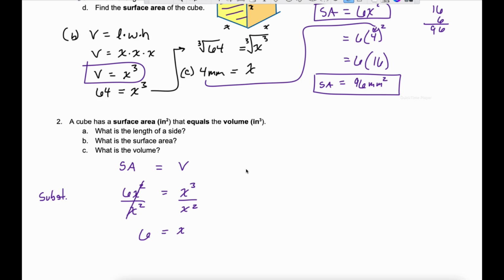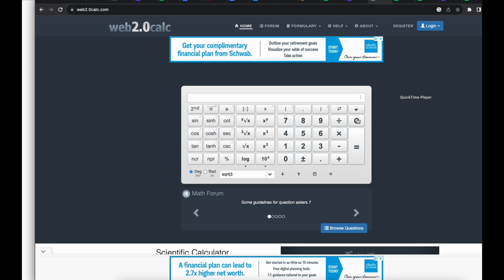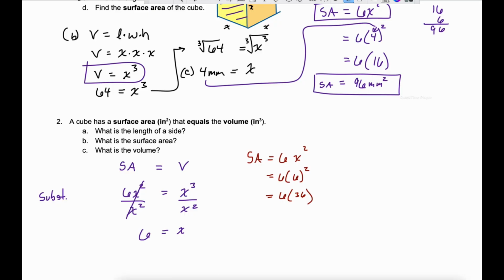Let's check this. The surface area equation again is 6 times x squared, so this would be 6 times 6 squared, which is 6 times 36. 6 times 36 is 216. So my surface area would be 216 inches squared, because we're in inches.